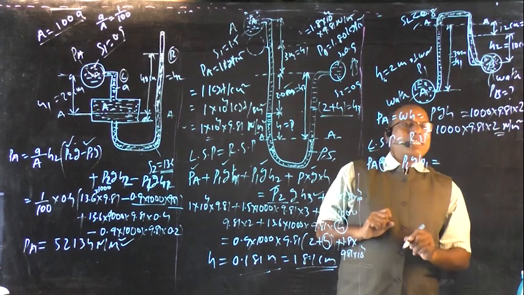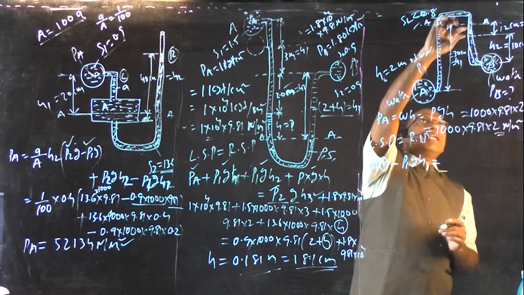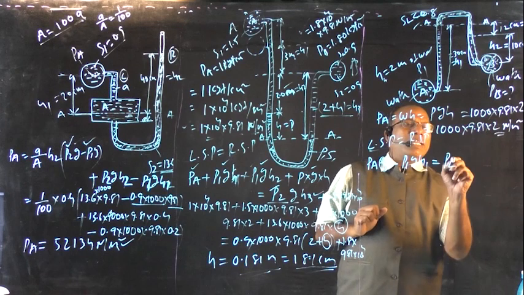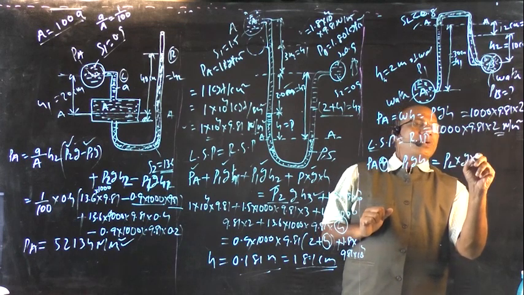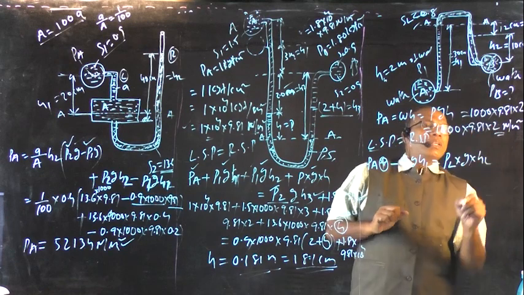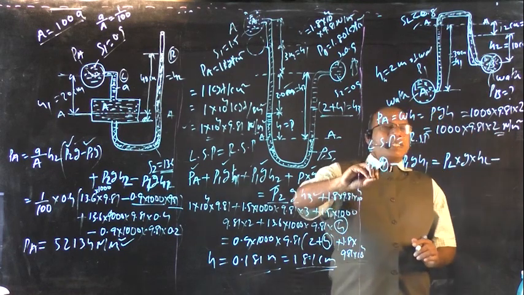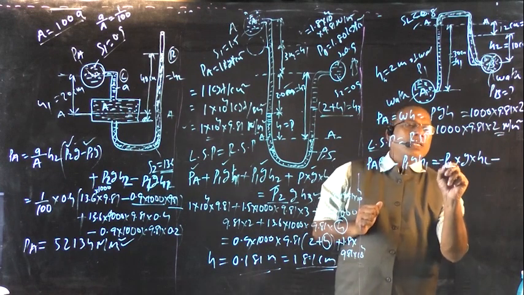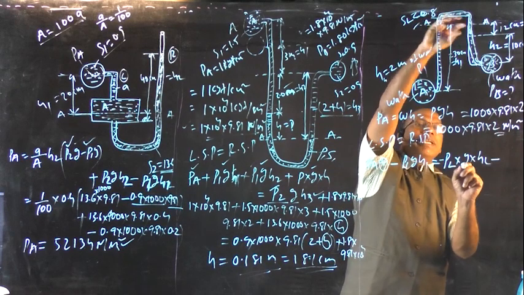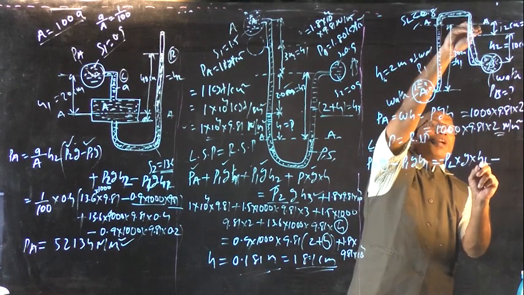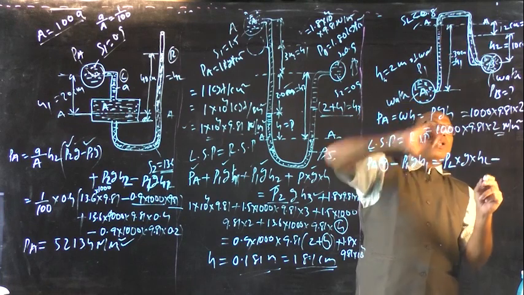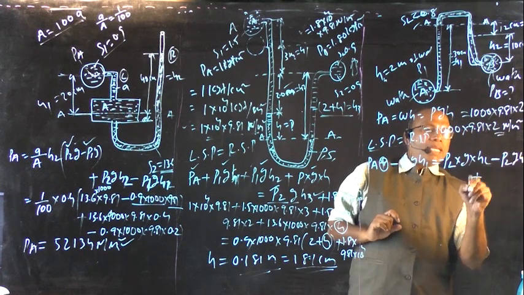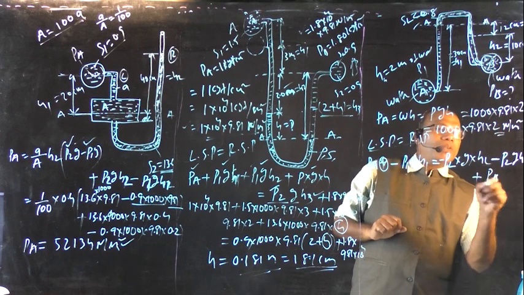They equal the right side pressures: one is because of this column, ρL, the density of the light liquid, into g into the light liquid level HL, and below the datum line AA, minus the density of the manometer liquid into g into its level, minus ρ2gH2, plus the pressure in pipe B, that is PB.